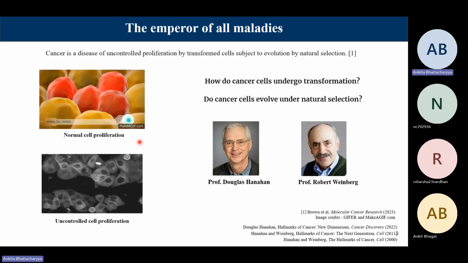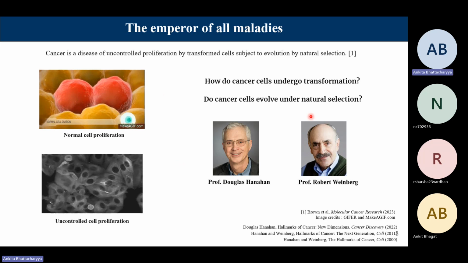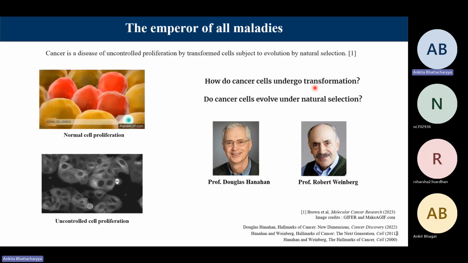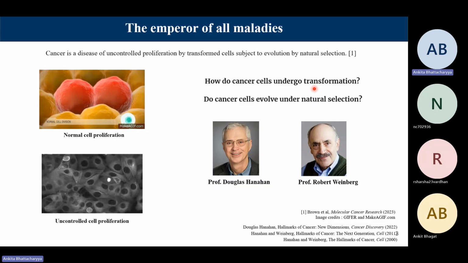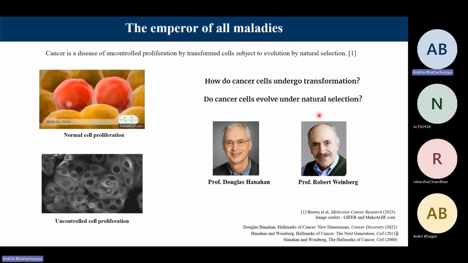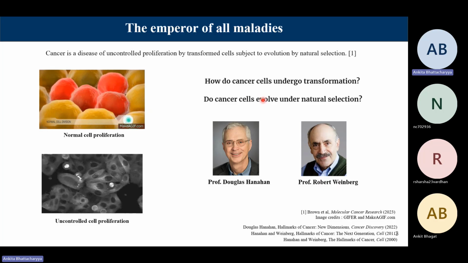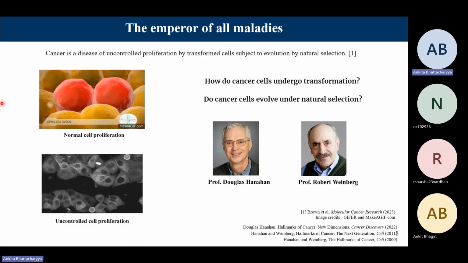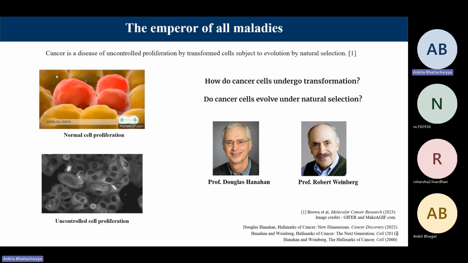We actually brought about two questions. First is, do cancer cells transform? And second, do cancer cells evolve under natural selection? This question we addressed very early on in the course about whether cancer cells actually transform or not.